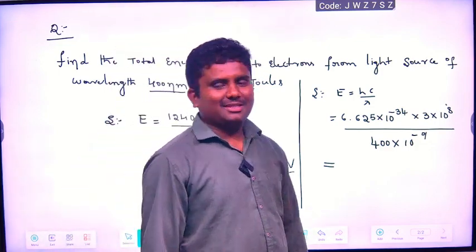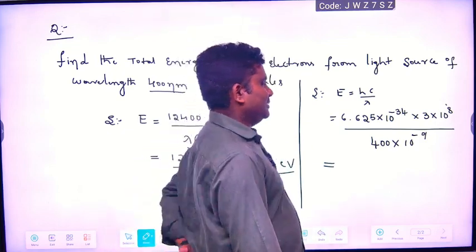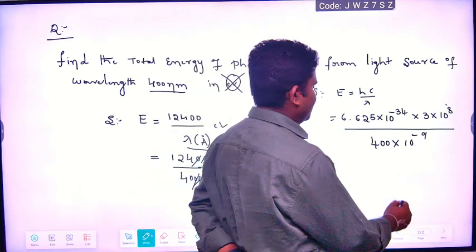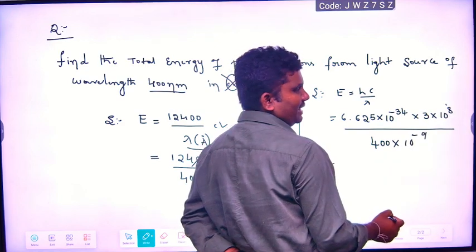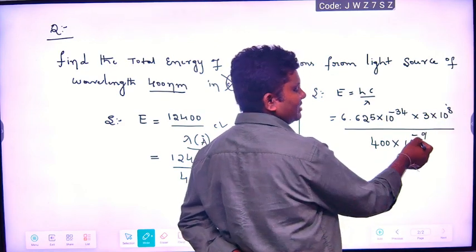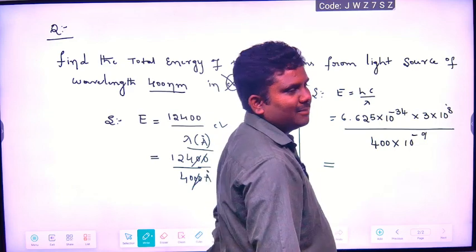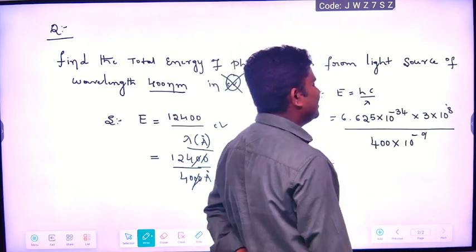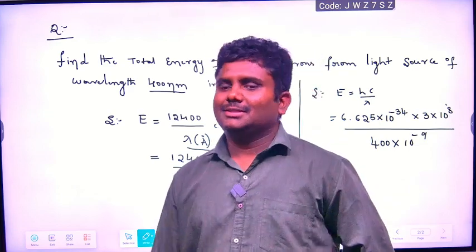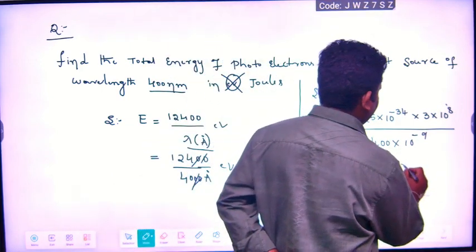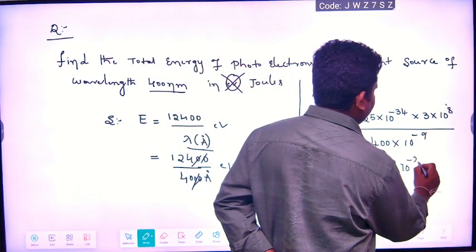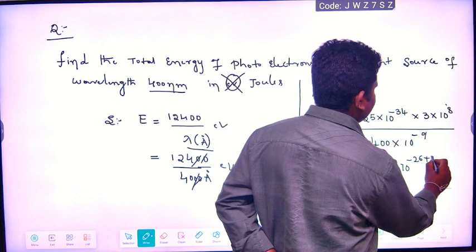Tell properly. So this 34 plus 8, how much? 26. 26 plus 9, 10 to the power of minus 26 plus 9 will come.